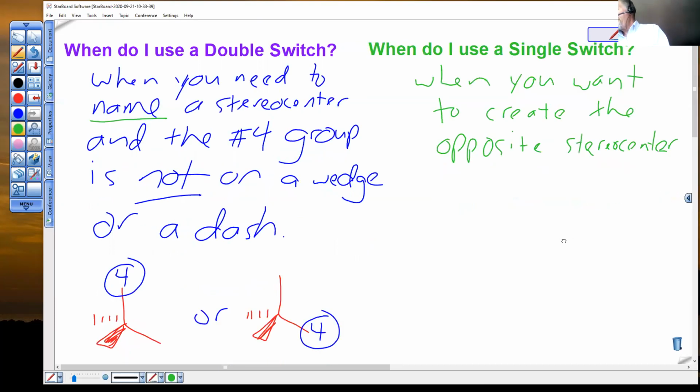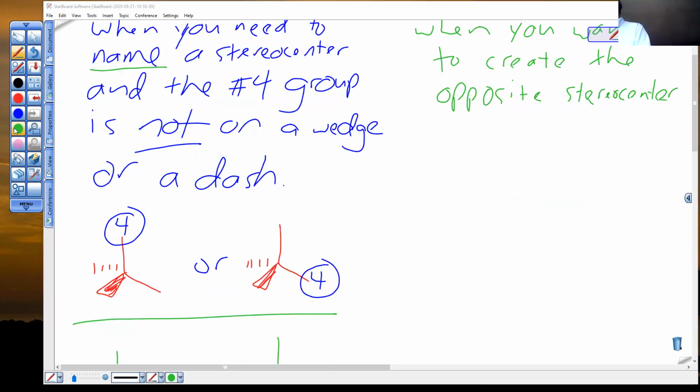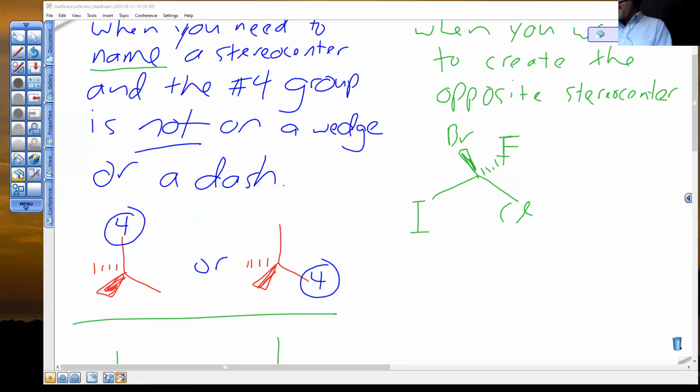So here we go. Let's do a full example here. Let's put a fluorine, a chlorine, a bromine, and an iodine. Unfortunate choice. I'd have to do a double switch to verify my answer. So I'm just going to put the lighter fluorine over here and the iodine here. F. There.